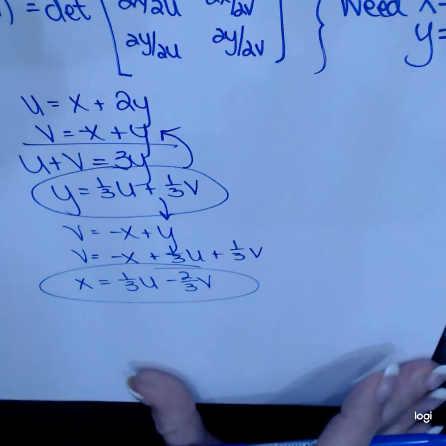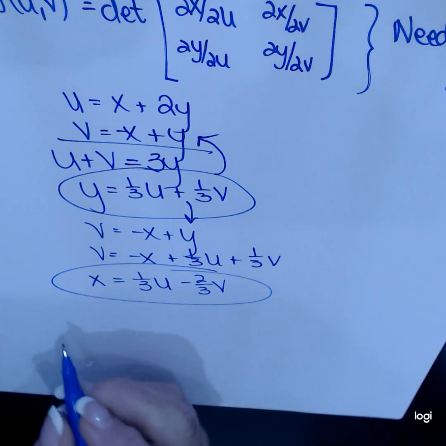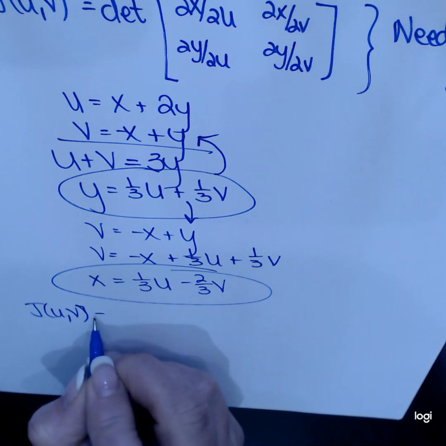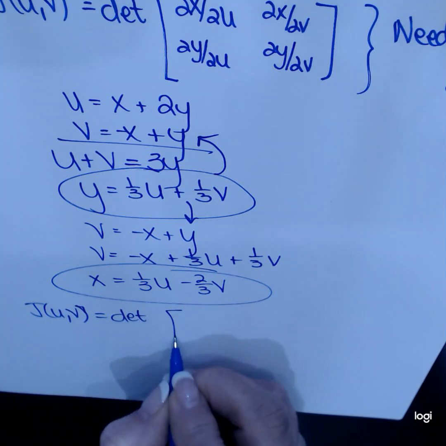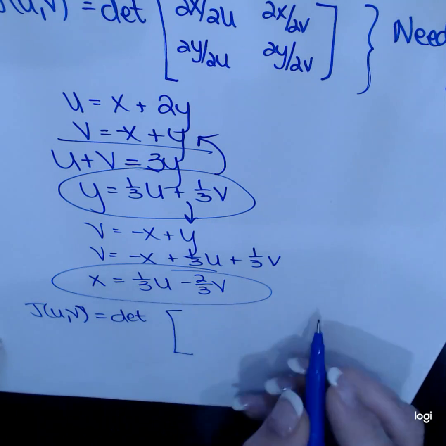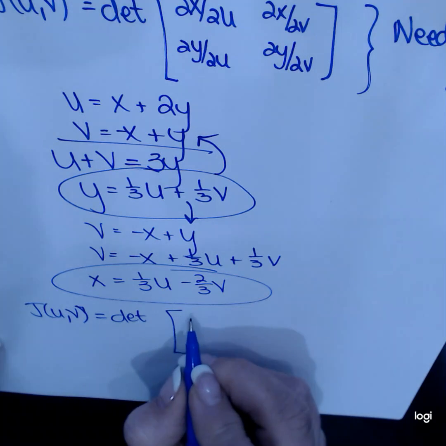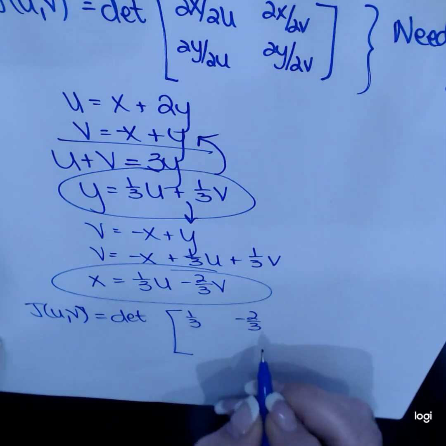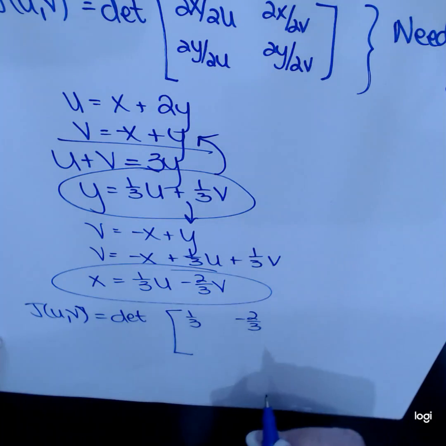So here and now I have what I need to calculate my Jacobian. My Jacobian then is going to be the determinant of the matrix, which has the partial of x with respect to u, which is 1/3, the partial of x with respect to v, which is a negative 2/3. Then we'll use our y equation.